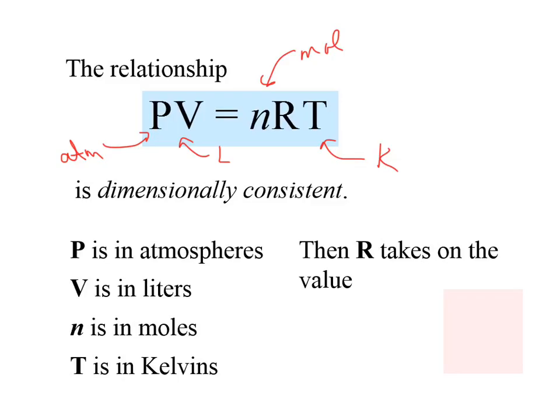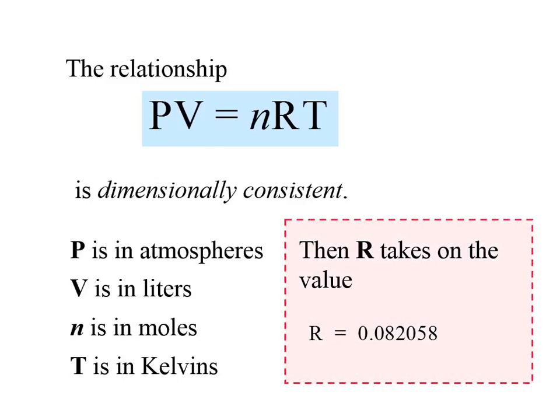So in order for this to flatten out and be correct, our R actually will have units of liters atmospheres per mole Kelvin. That's the units of our R. And our R will have the value of 0.082058. Units are liters atmospheres per mole Kelvin.